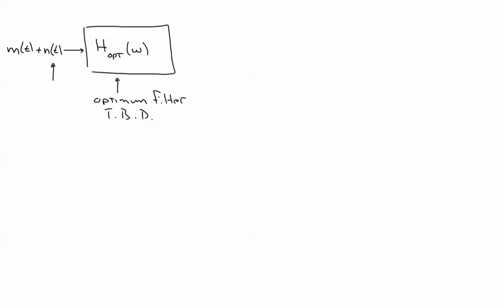So, all right, this is incoming noise, and this is my message. And what I'm going to assume is that at the output I have my message plus an M sub epsilon distortion term plus a filtered noise term.